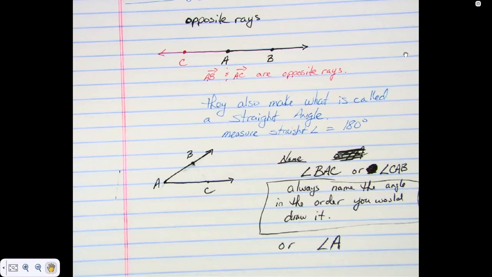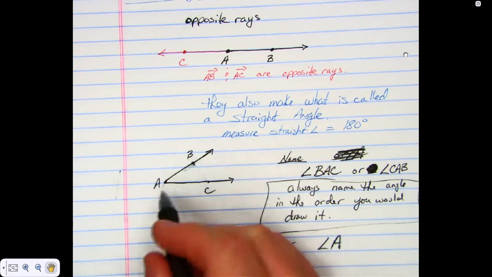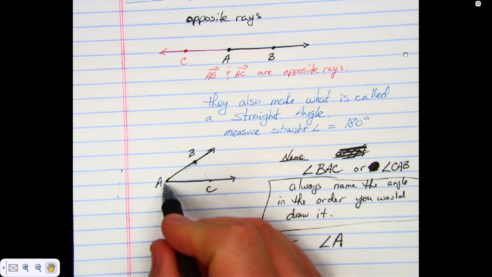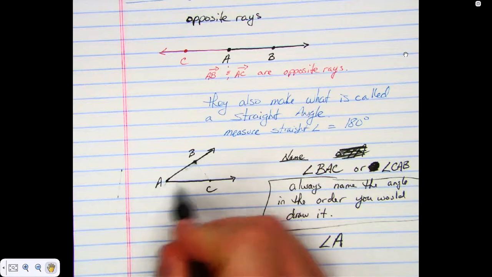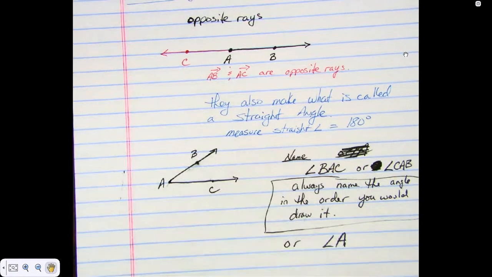Why could I call it just angle A in this case? Would there be any other angle I would be confused about if you said, hey, I like angle A over there? Is there any other angle I could be talking about? Probably not, because when you say angle A, you're talking about the vertex, right?